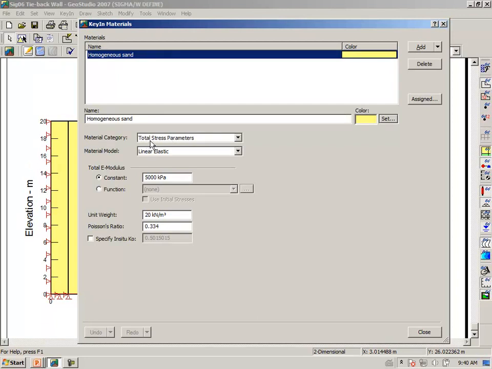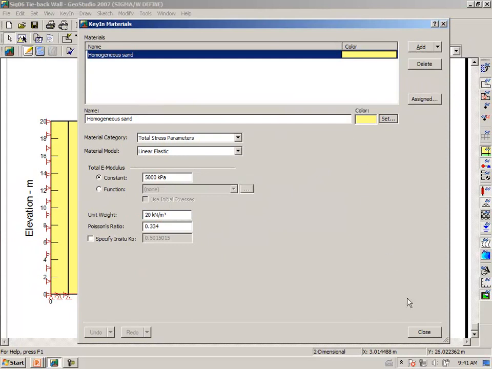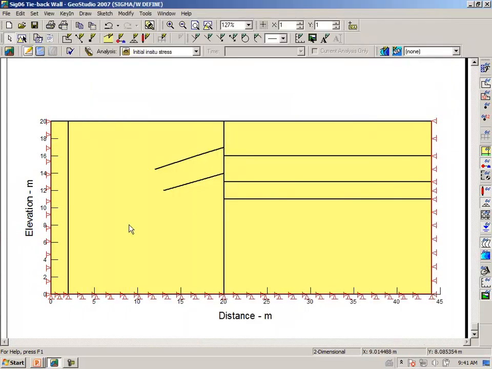We're treating the sand as defined with total stress parameters, and for illustrative purposes, just use a simple linear elastic model with a constant Young's modulus, a total unit weight of 20 kilonewtons per meter cubed, and a Poisson's ratio of 1/3, which represents a K0 of 1/2. The material has already been applied to the various regions.